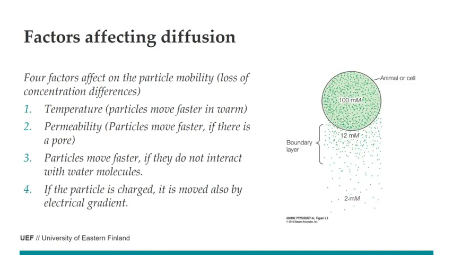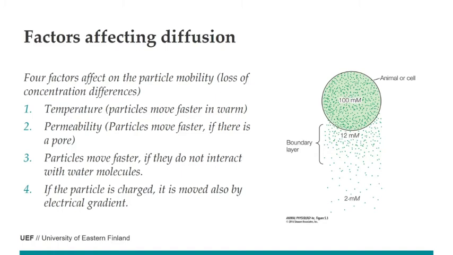So that's why if we think of an animal or cells, inside the cell there can be a huge concentration, and then if there is a pore, around the cell there is a huge difference in the concentration, but then by diffusion, far from the cell, there is much less.